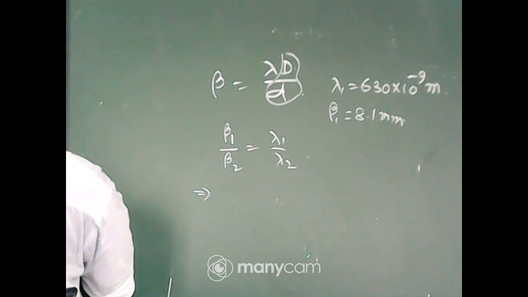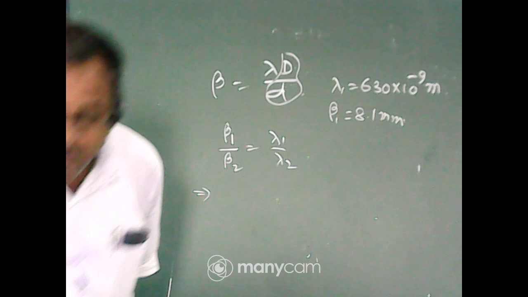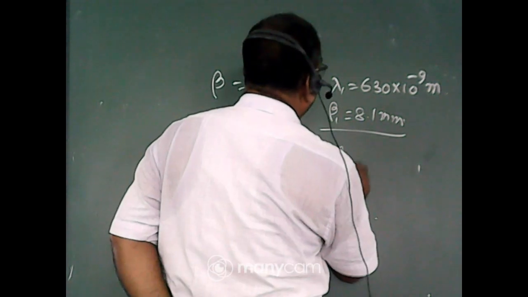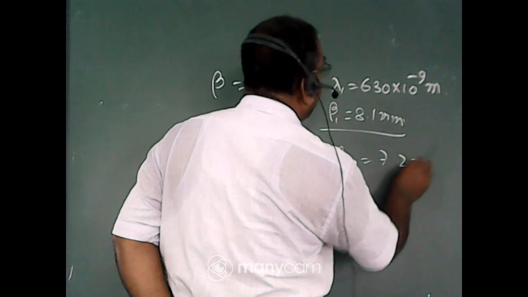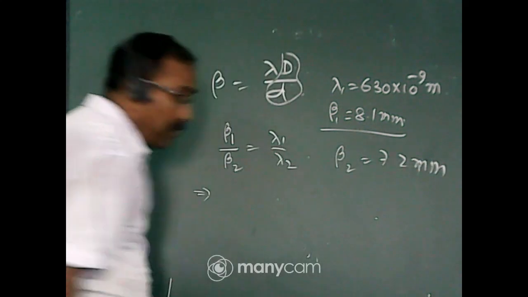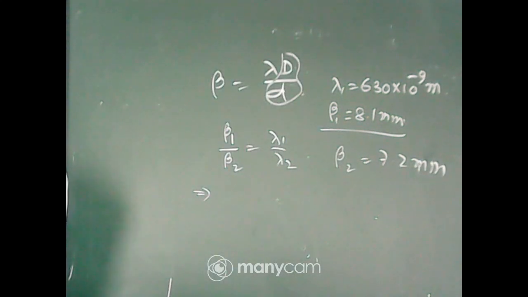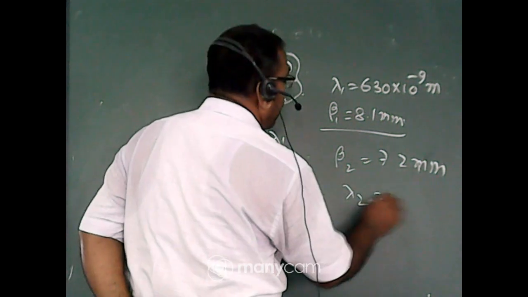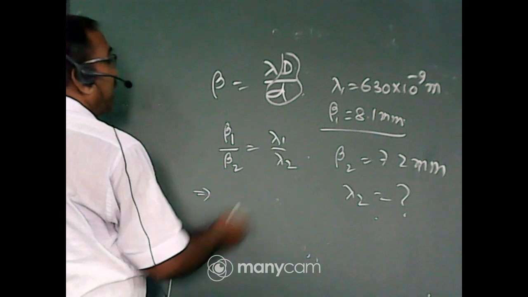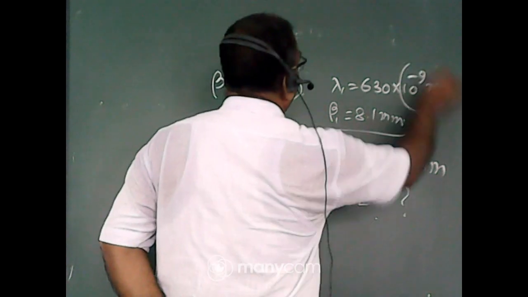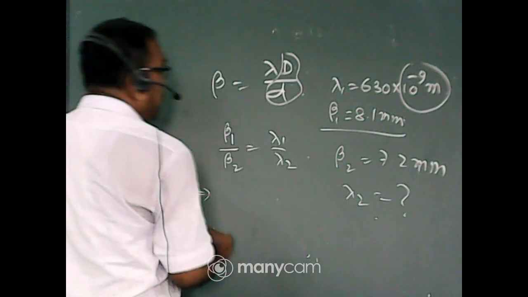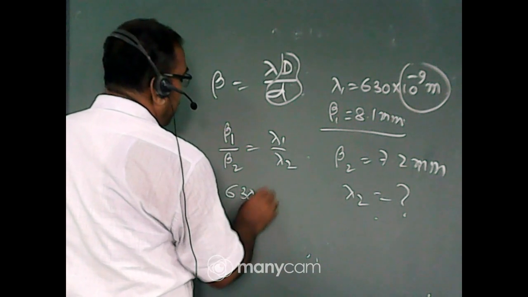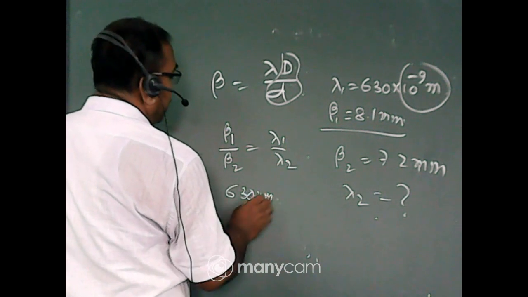If you write it in nanometer, the last answer will also be in nanometer. And when beta 2 equal to 7.2 millimeter, that time what will be the value of lambda? You can write it. If you wish, you change it or you write it in nanometer.